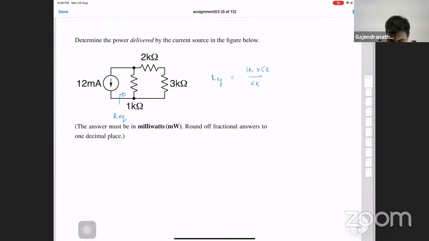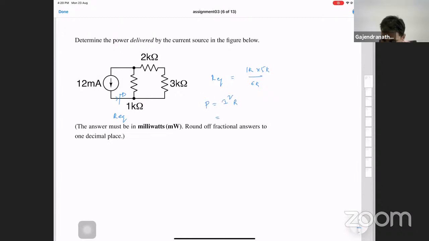Now, the source is always going to give power only, right? But it's pushing current in this direction. So if you calculate, this power is basically equal to I squared times R. So what is I?